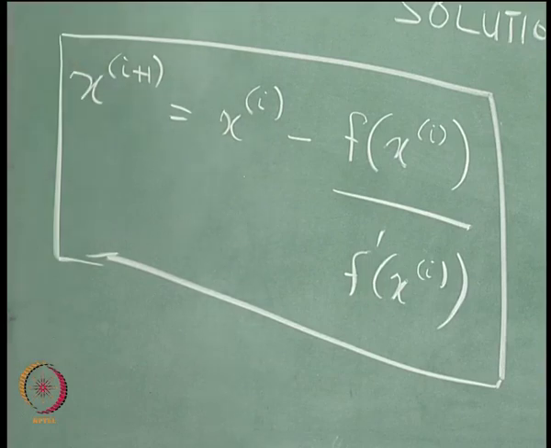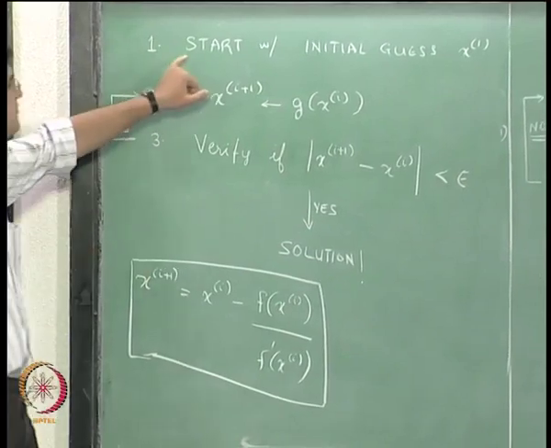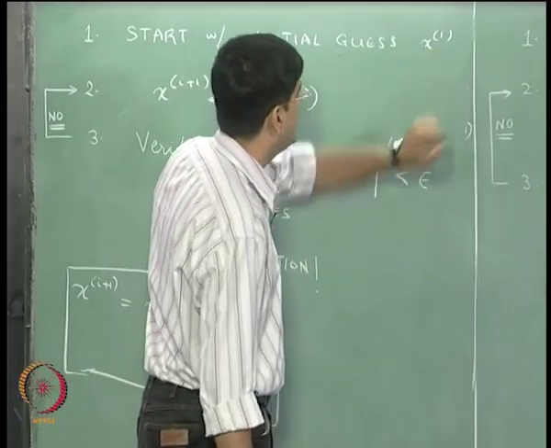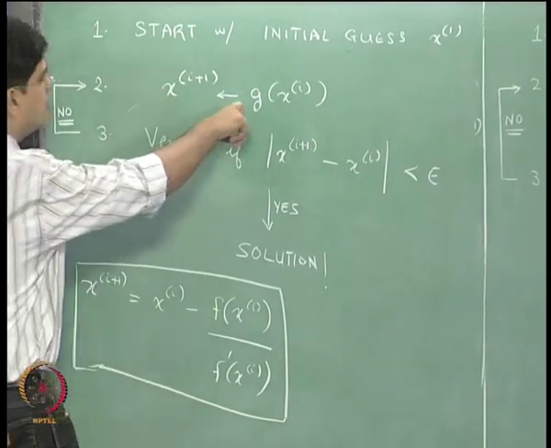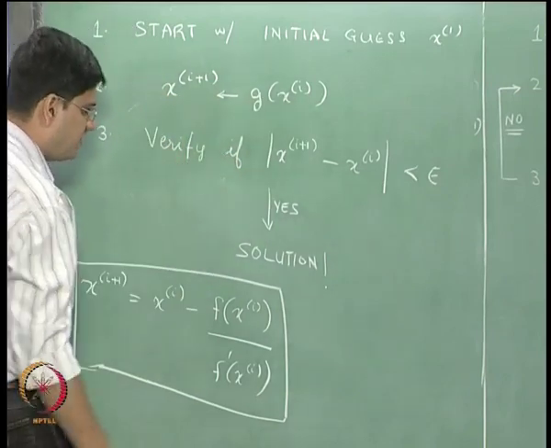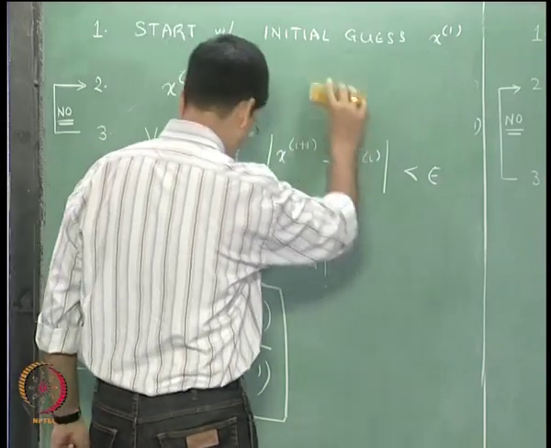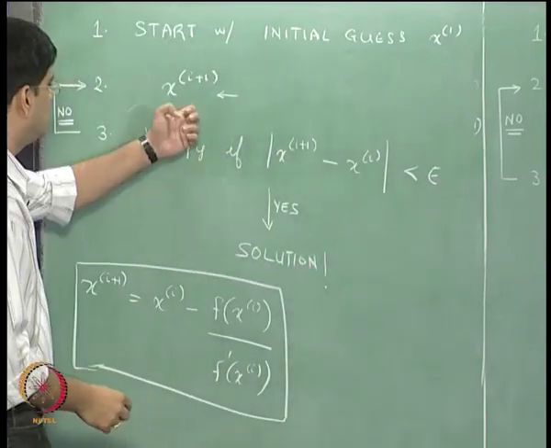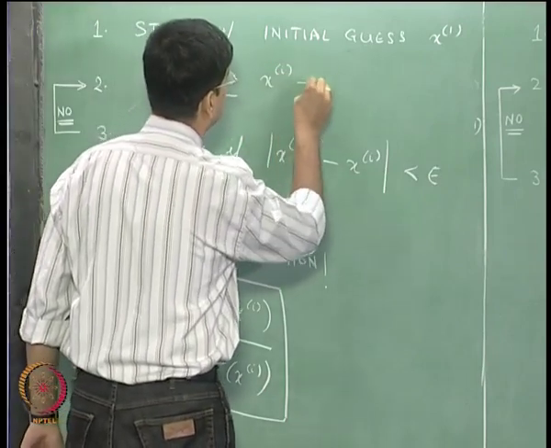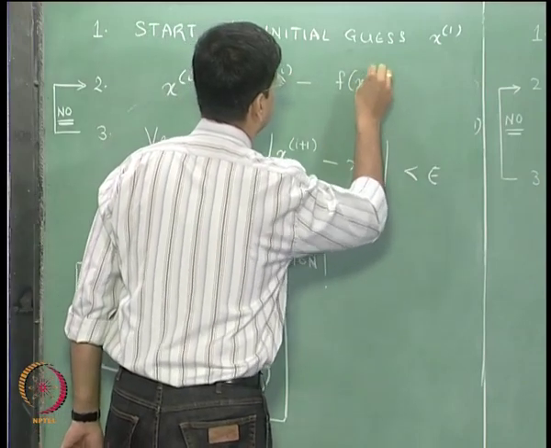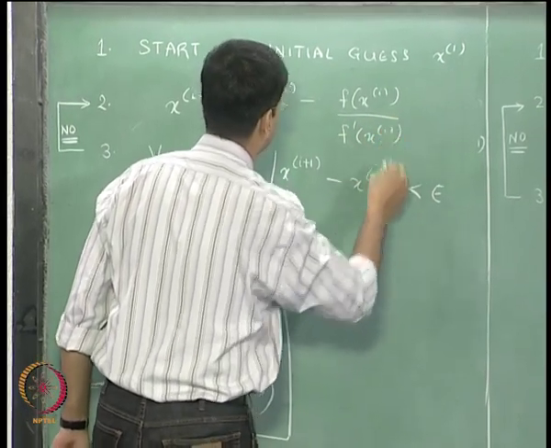Let us go to the algorithm that we developed for the fixed point iteration. We start with a single initial guess xi. In fixed point iteration, we assigned g of xi to xi plus 1. We are not going to do that in Newton-Raphson's method. Instead, we use this equation and assign it to xi plus 1, so xi plus 1 is xi minus f of xi divided by f dash computed at xi.